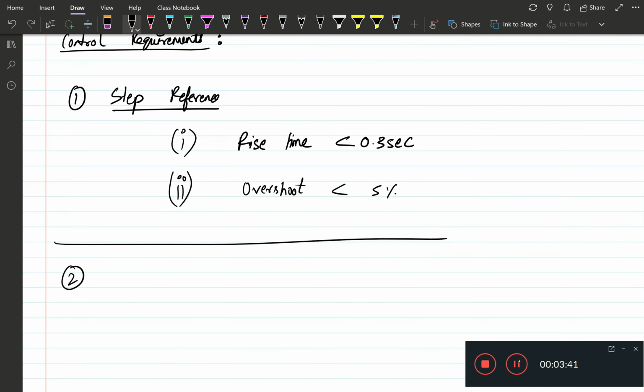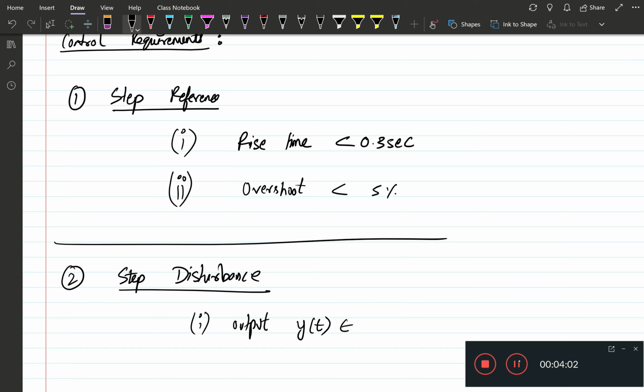Then we have a step at a disturbance, and the disturbance rejection requirements are that the output Y should belong to -1 and 1 for all times, or let's say for all t.